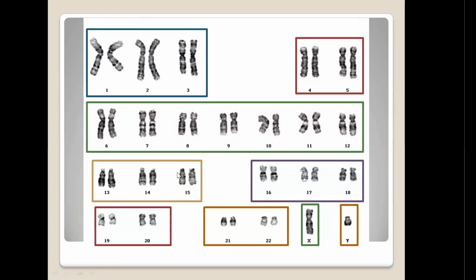Group A includes metacentric and submetacentric chromosomes, and it has chromosomes 1, 2, and 3. Then group B comes, it includes chromosomes 4 and 5, both submetacentric. Chromosomes 6 to 12 come under the C group and all are submetacentric again. Then group D, which includes chromosomes 13, 14, and 15, and these are acrocentric.